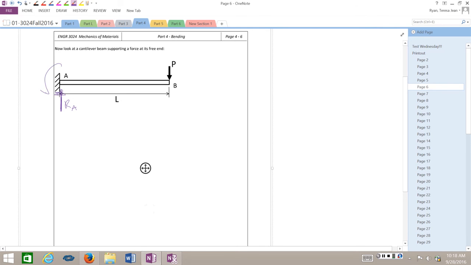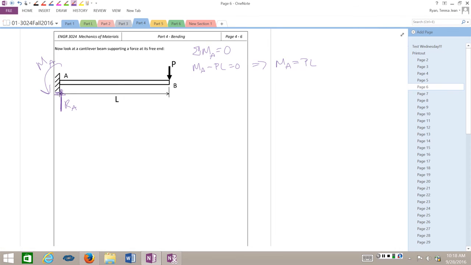And a moment at A. We have a single applied force of magnitude P, so I know from the sum of the moments about A having to equal 0, that the moment reaction at A, which is a plus right-hand rule, minus P times L has to equal 0, which gives me that my moment reaction is in fact equal to PL.